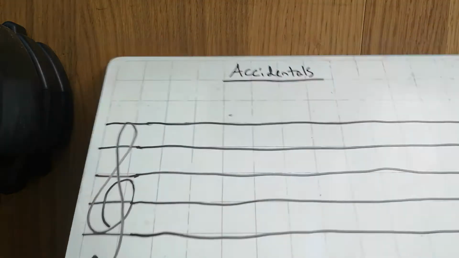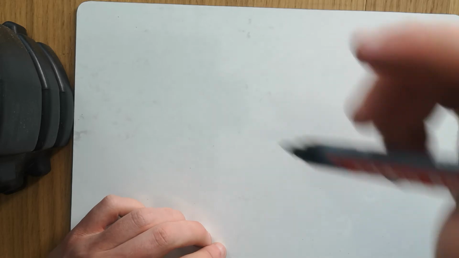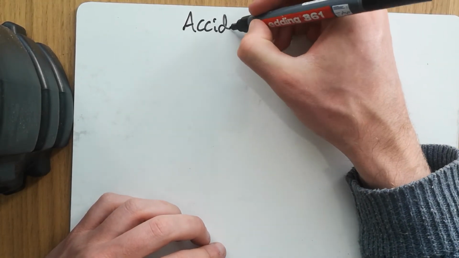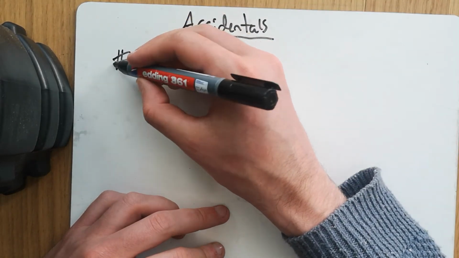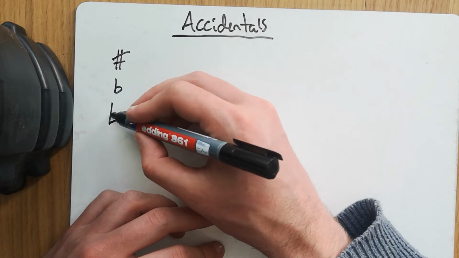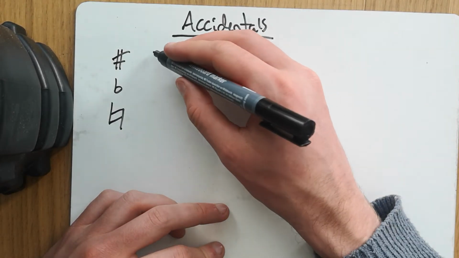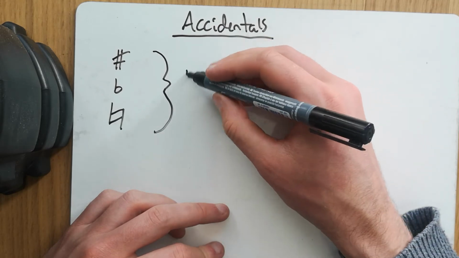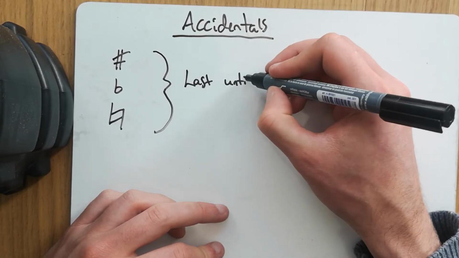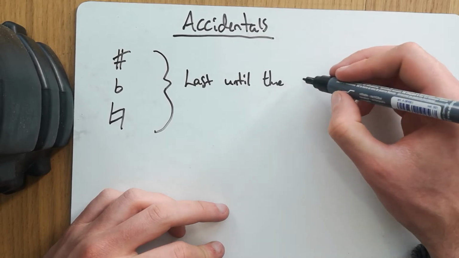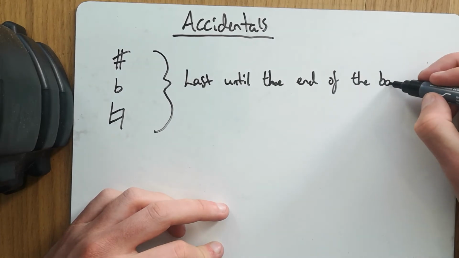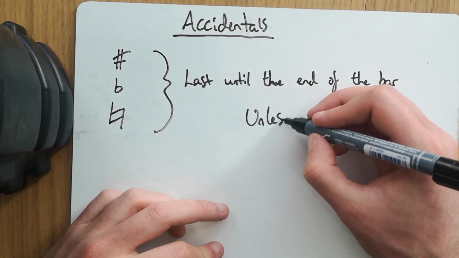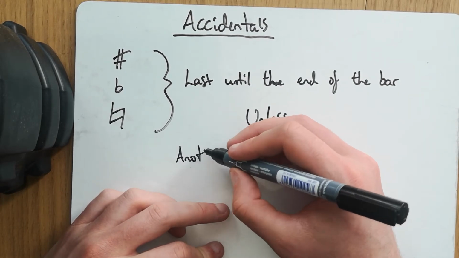Okay, one final thing about accidentals, which I didn't tell you just then because I wanted to see how you'd get on without me telling you. Okay, so still on accidentals, the symbols, whether it's a sharp or a flat or a natural, all of them will last until the end of the bar, unless another symbol comes in to cancel it out.